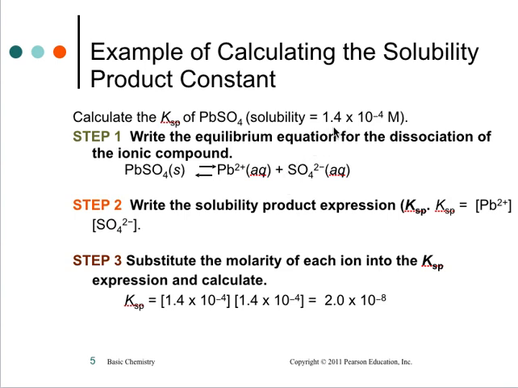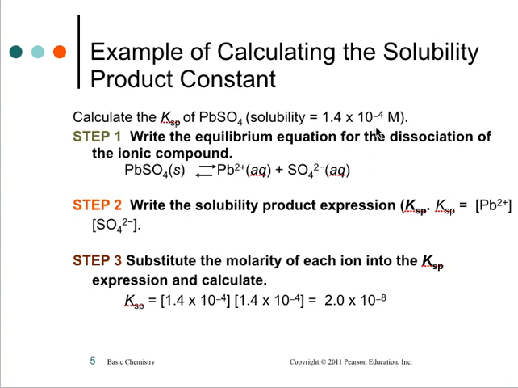And so what is it? Remember, if the solubility is 1 mole of lead sulfate per liter, and that's a peanut butter sandwich, and it breaks apart into equal sides, there's nothing taken to the powers. That means it's 1.4 times 10 to the -4 left pieces and 1.4 times 10 to the -4 right pieces.